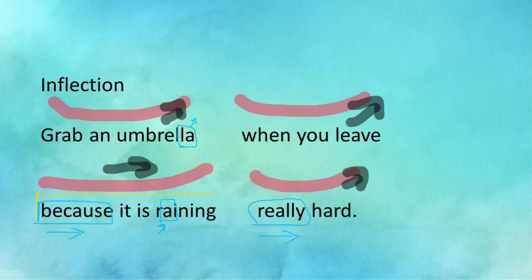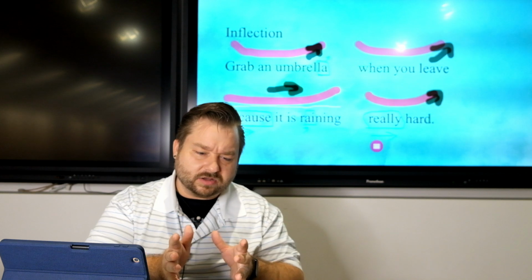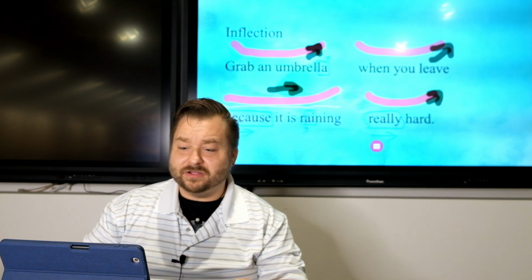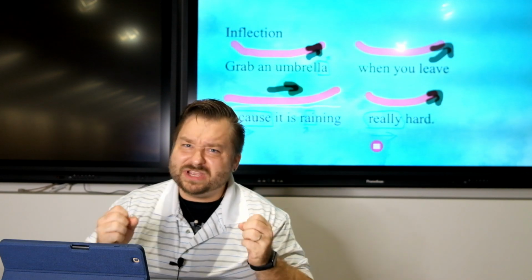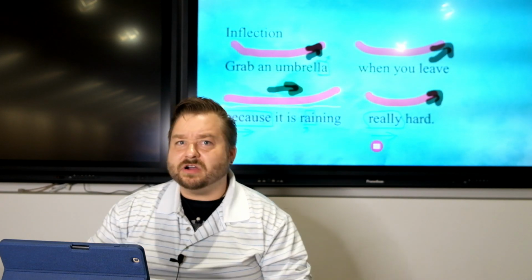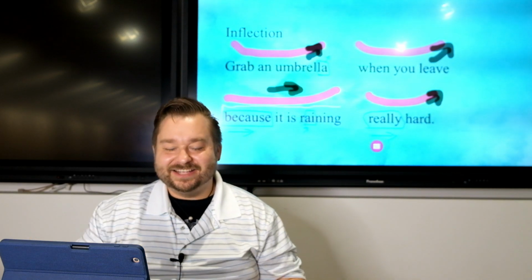Because it's raining, the sound goes up, right? Because it's raining really hard. It's not just really hard, it's really hard. Grab an umbrella when you leave because it's raining really hard. See that? That inflection changes it.